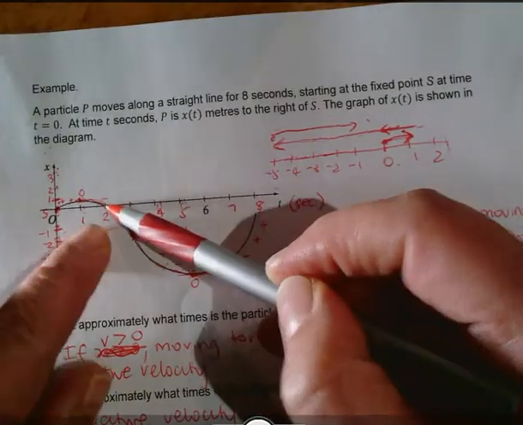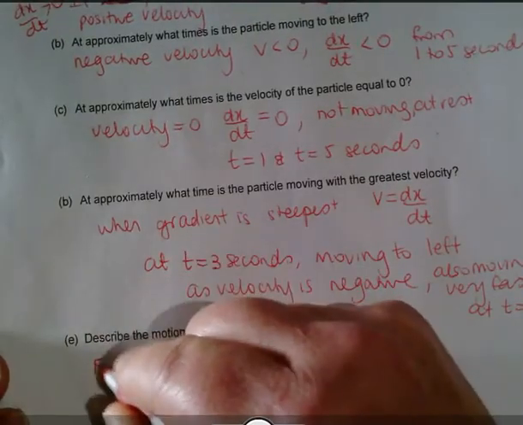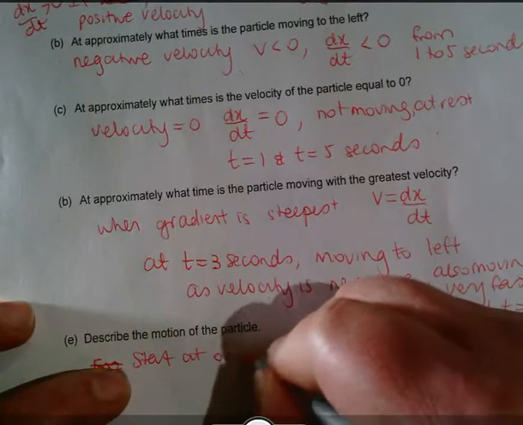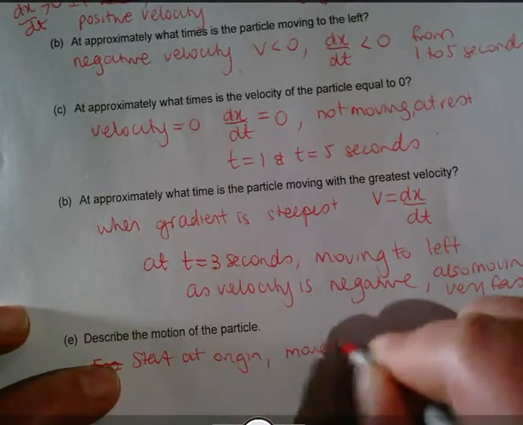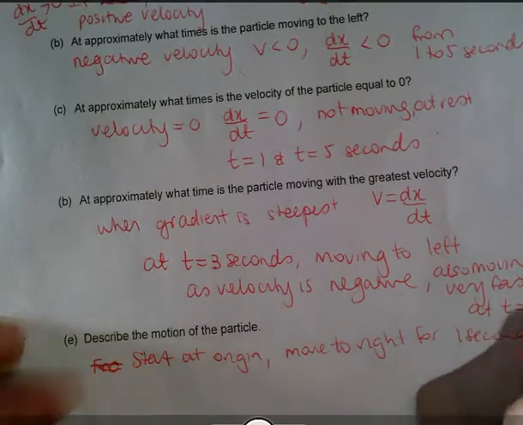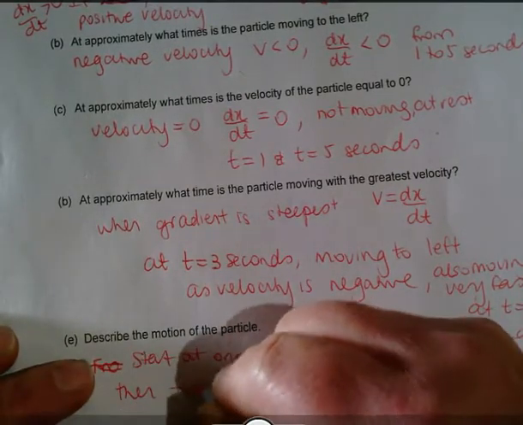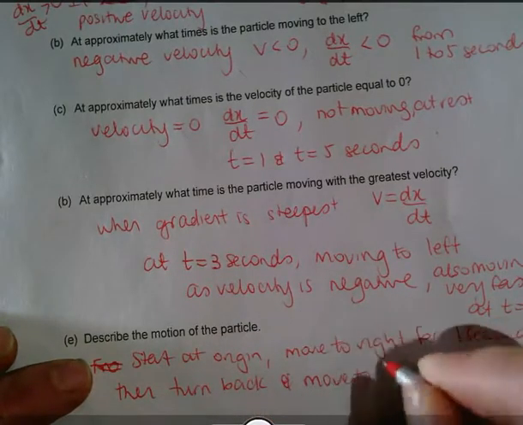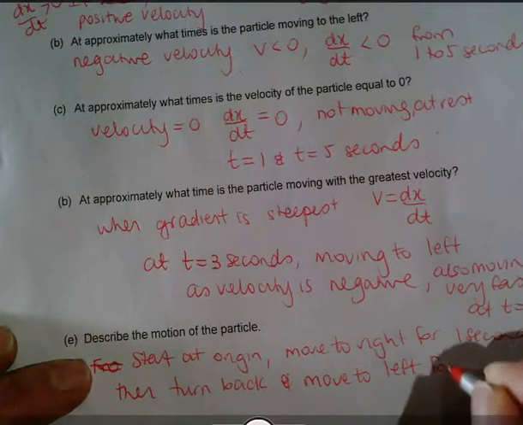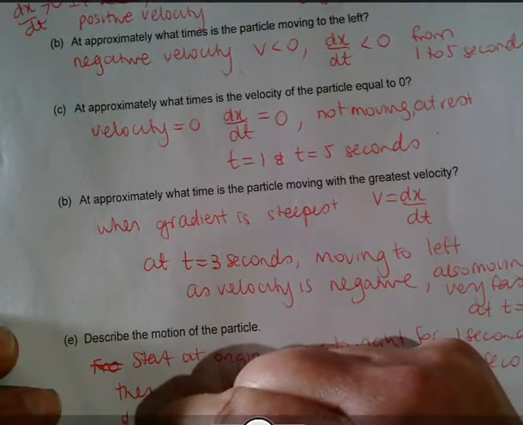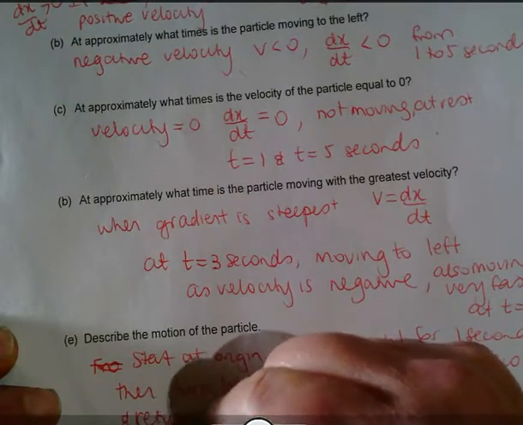So you would say something like: you start at the origin, you move to the right for 1 second, and then turn back and move to the left for 1 second, and return back to the origin.